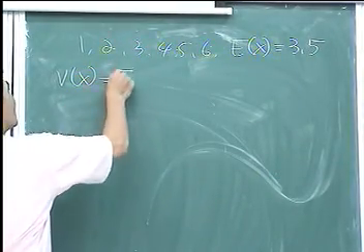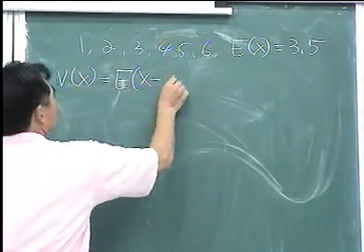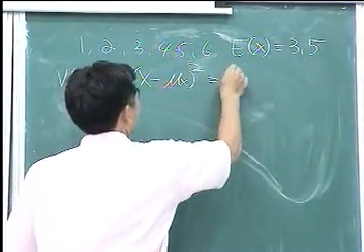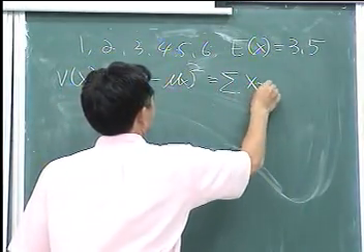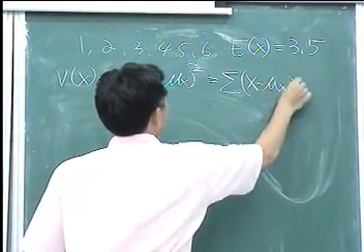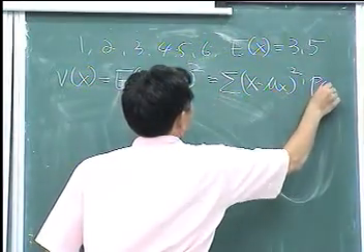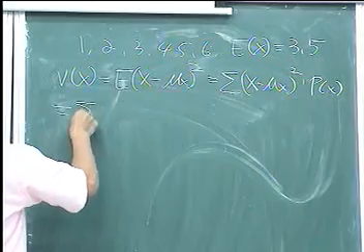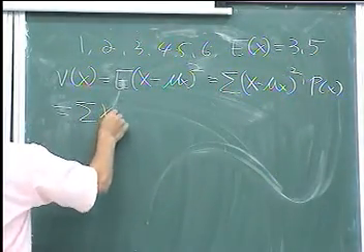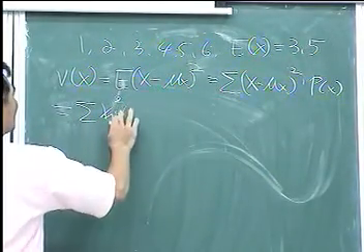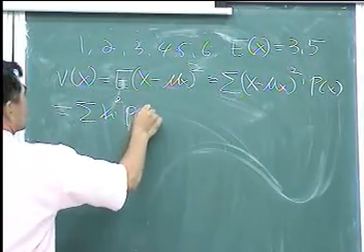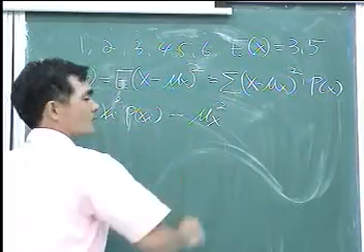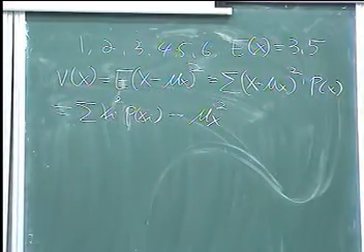It will be the expectation of x minus mu x squared, right? And what is this? Summation of x minus mu x squared times p(x). It also equals what? Summation xi squared times p(xi) minus mu x squared, right?